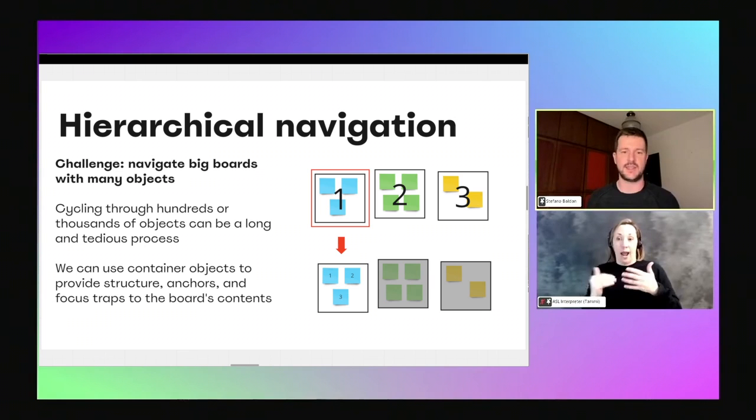And in navigation, they would be considered as just one object, no matter how many objects they have inside of them. And in order to access the objects inside of a container, one would need to trigger a specific keyboard shortcut that gets into the container. And then at that point, only the objects inside of the container would be available.